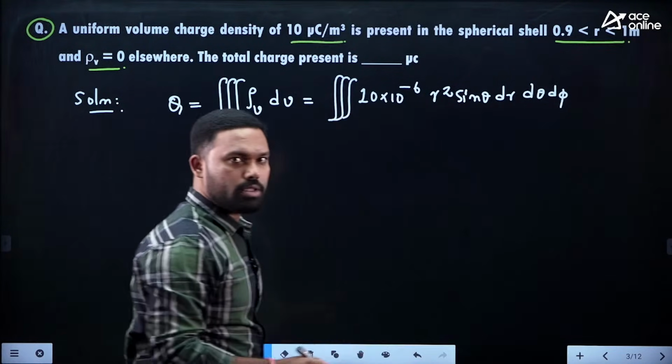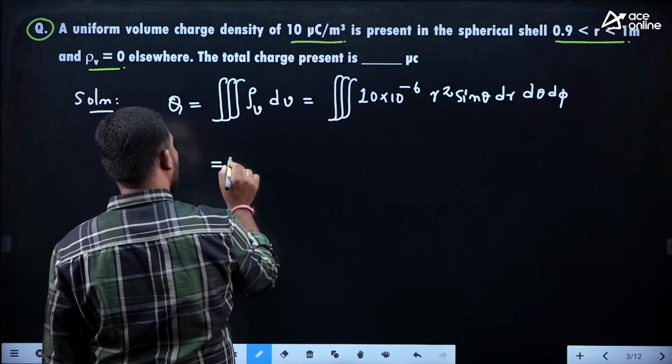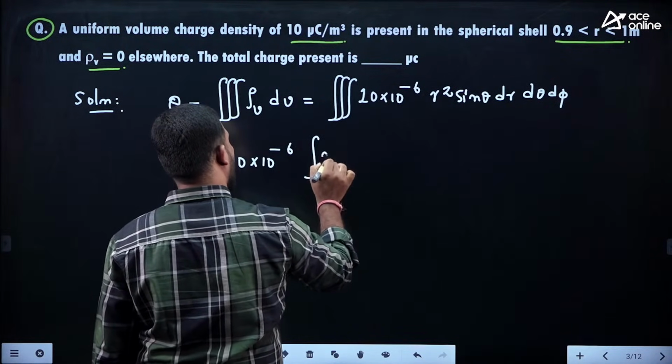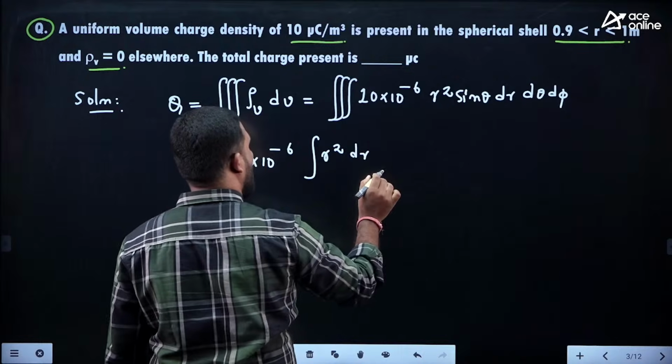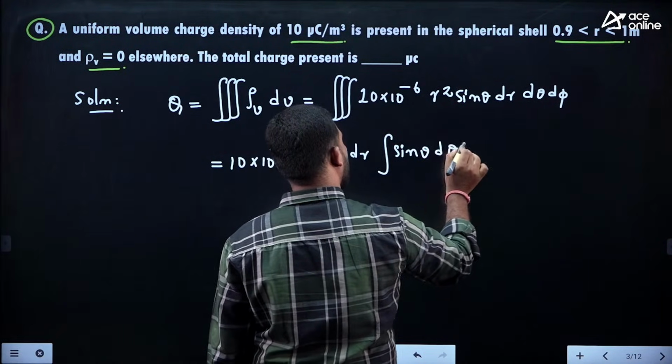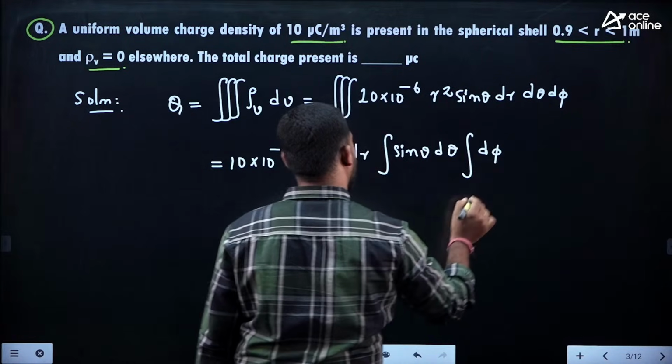Now bring the constant outside and separate out the variables: 10 into 10 to the power of minus 6, r square dr, sine theta d theta, d phi.